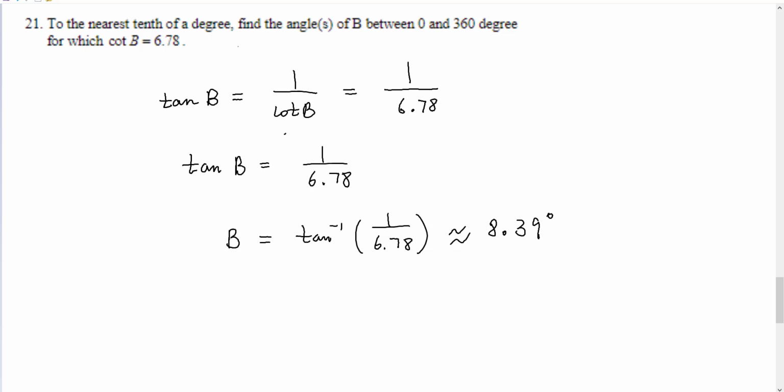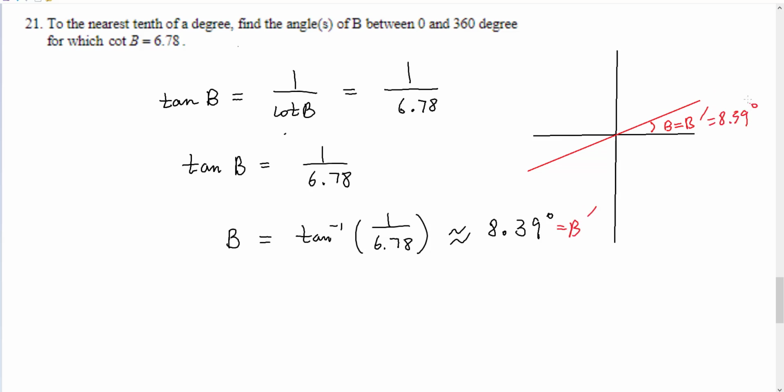Of course, if you are drawing the right triangle, that's going to serve as a reference angle. Tangent is positive twice, so the first angle you just found is 8.39. That's when B and the reference angle are the same. This is going to serve as a reference angle, 8.39 degrees.